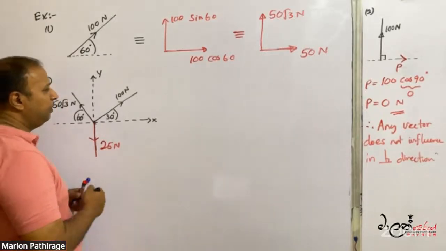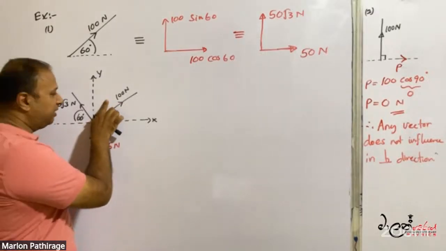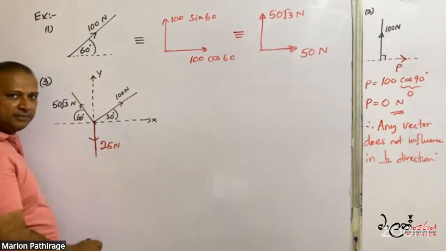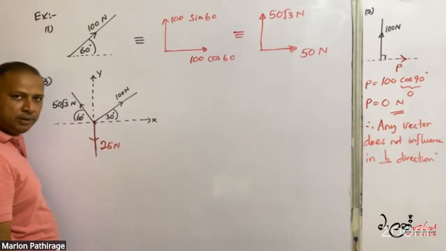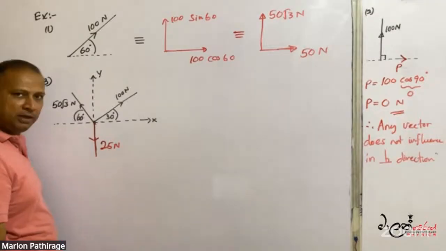So if you resolve vector 1 in the x direction, there will be a component. In the y direction, there will be a component. Okay, I want them.